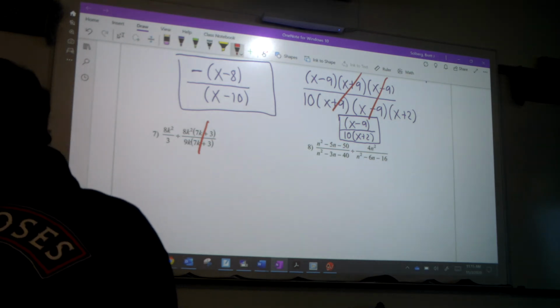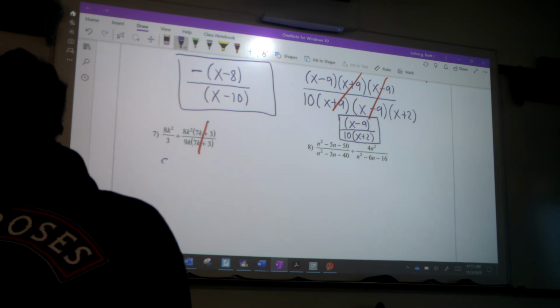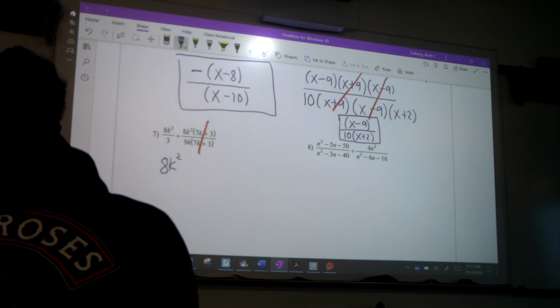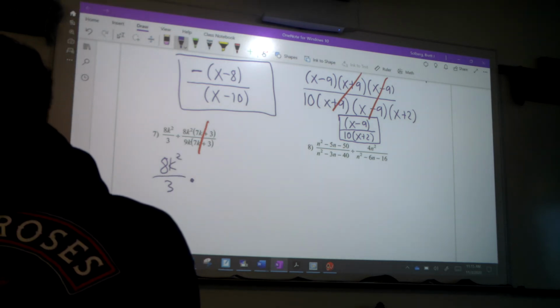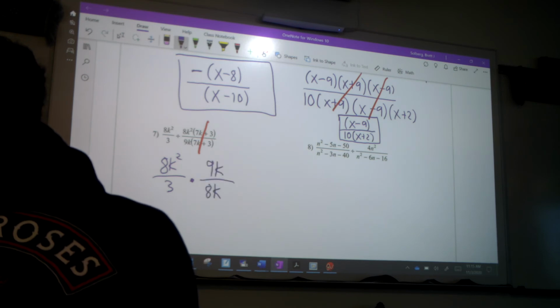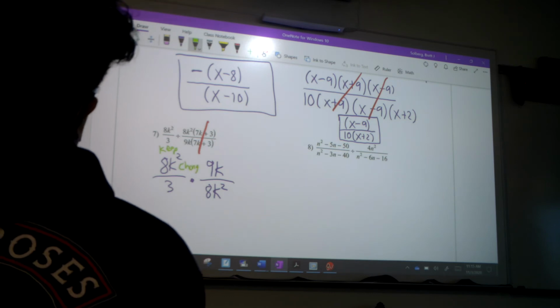Jade, will you tell me how to write this using keep, change, flip? So you keep the 8 started with 3, and then multiply, and then you put 9k up, and 8k squared at the bottom. I'm going to put a note here that that was keep, change, flip.